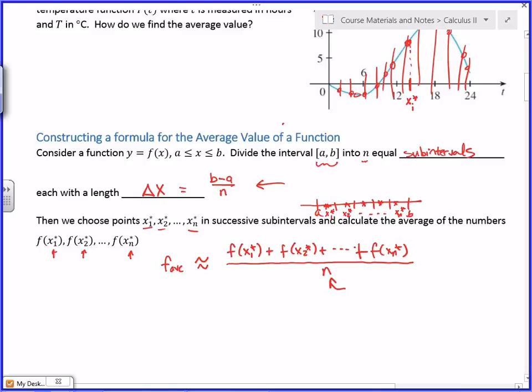Off to the side here, if delta x is b minus a over n, then n is the same thing as b minus a over delta x. All I did was multiply the n to this side and divide the delta x back underneath. So I'm going to replace that n with b minus a over delta x.